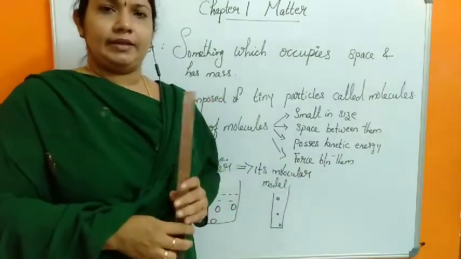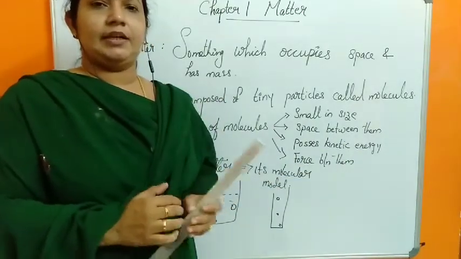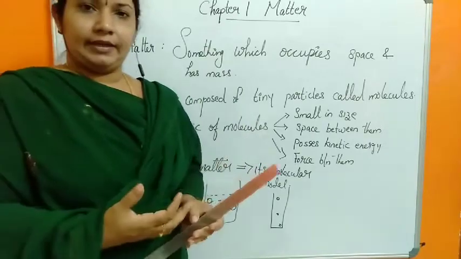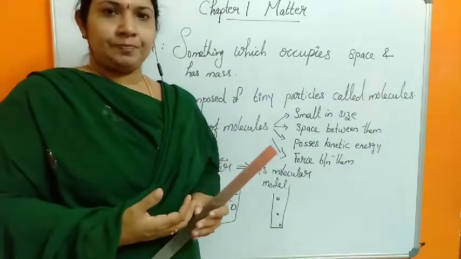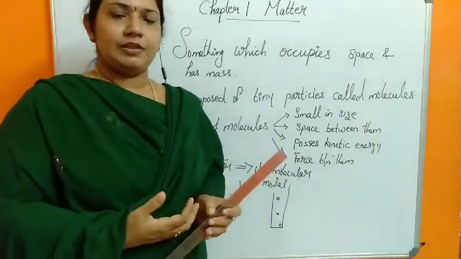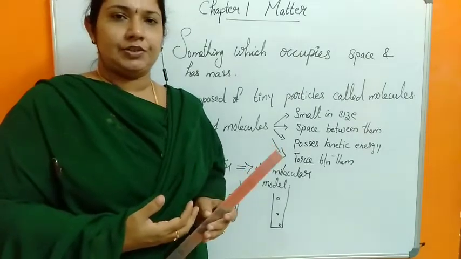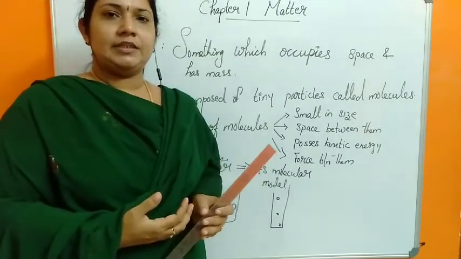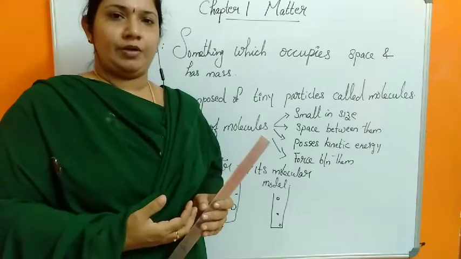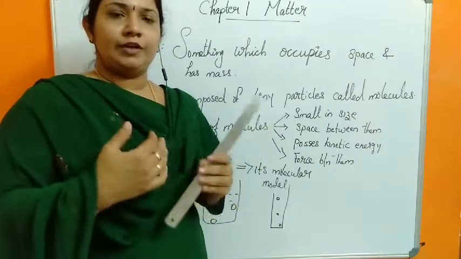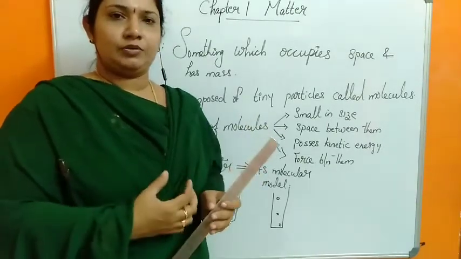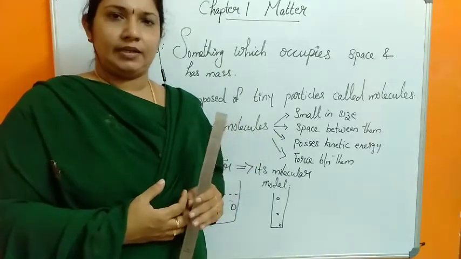What do you mean by kinetic energy? In class 7 we studied the definitions of kinetic energy and potential energy. Kinetic energy and potential energy are the branches of mechanical energy. Kinetic energy means energy possessed by a moving body. When a dog runs or a car moves, we can say that it possesses kinetic energy.